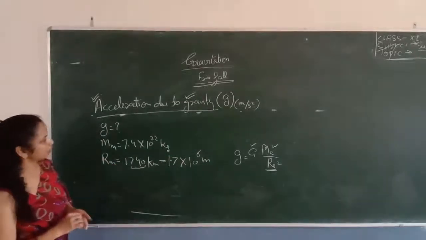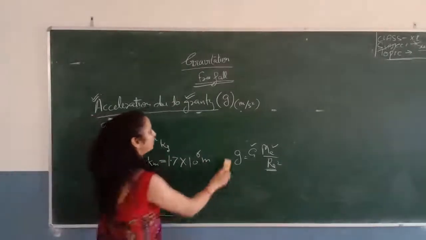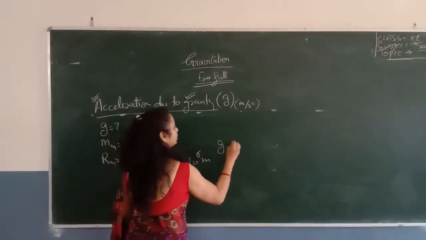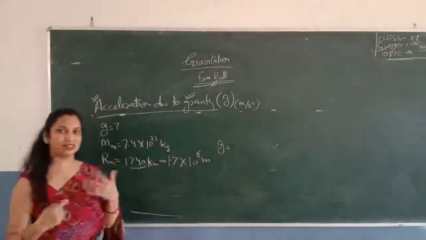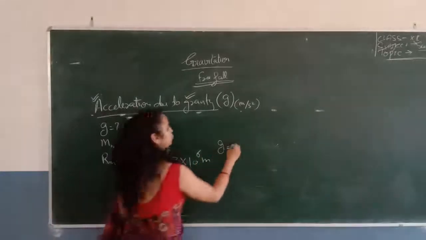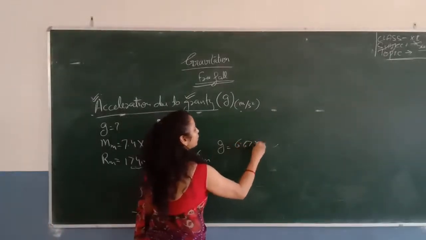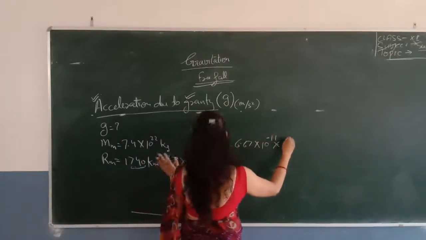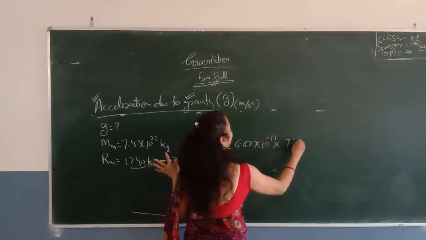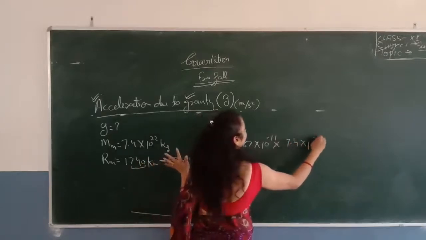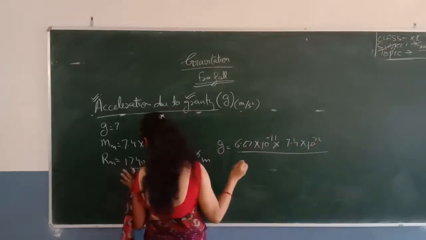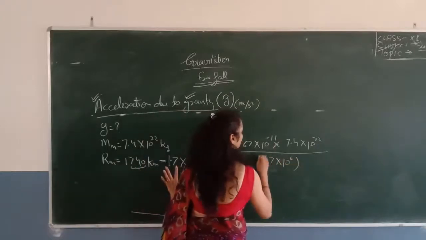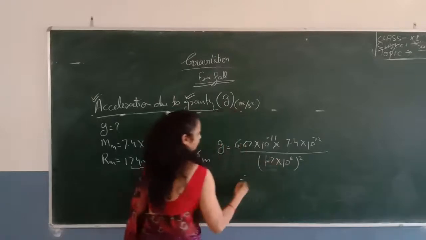Now for finding g, we have all the values of mass, radius and G. So capital G, 6.67 × 10^-11, into m, 7.4 × 10^22, upon radius 1.7 × 10^6, whole squared.